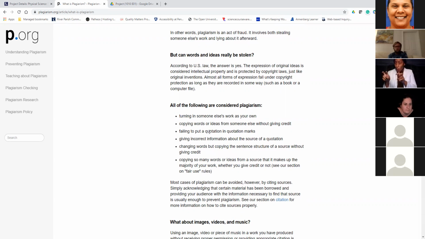Failing to put a quotation in quotation marks. This is one that gets students in a lot of hot water because they say, well, I put the page number, but you didn't put the material that you copied verbatim in quotation marks. That's plagiarism. So if you copy word for word, make sure that you put it in quotes, okay?